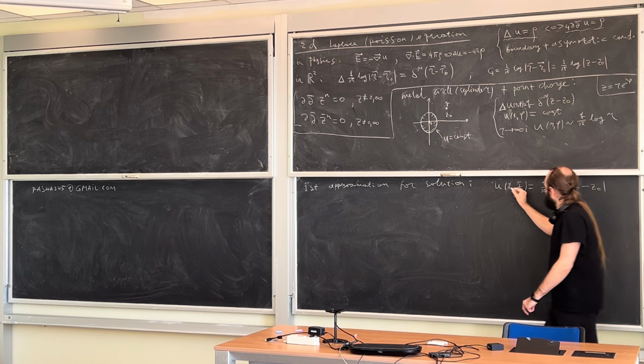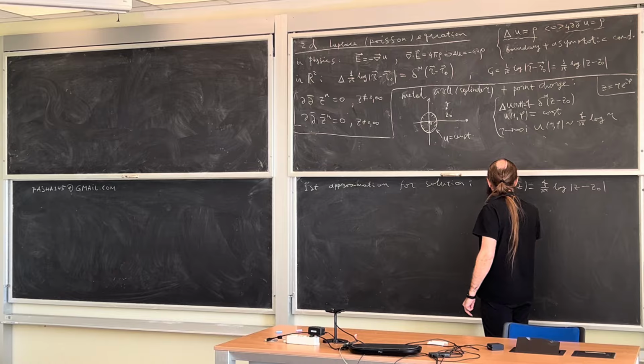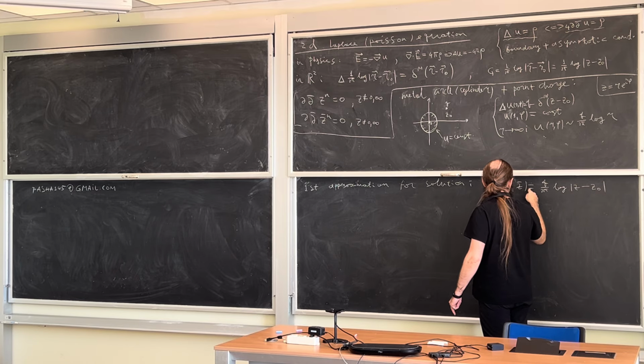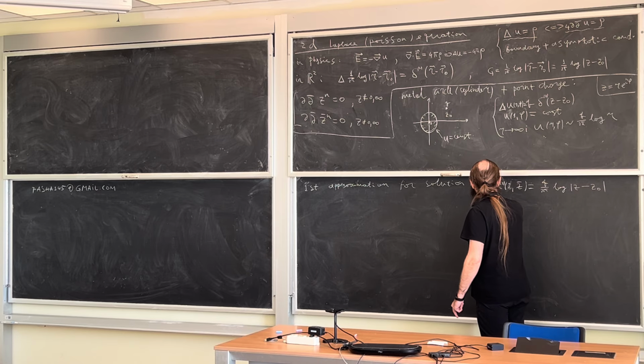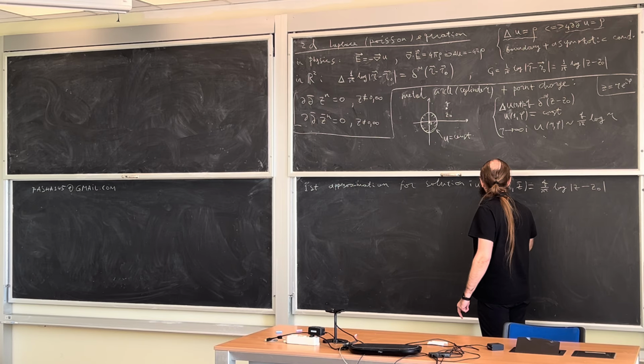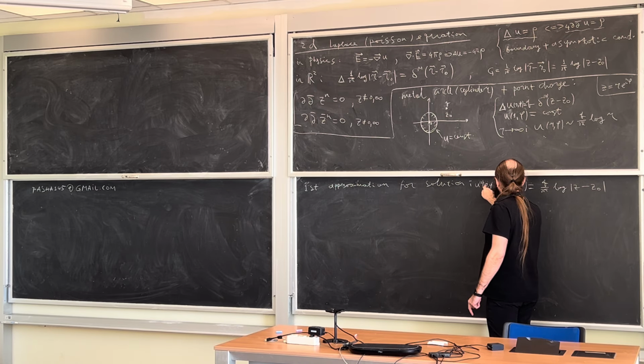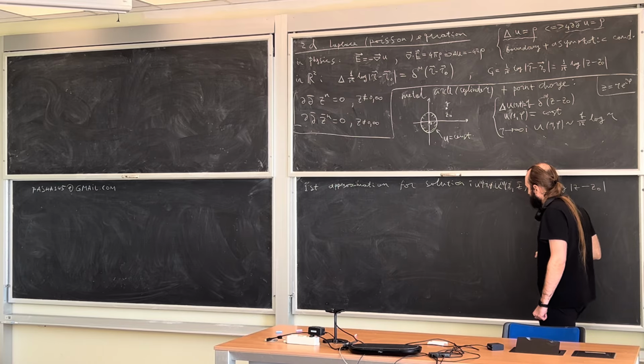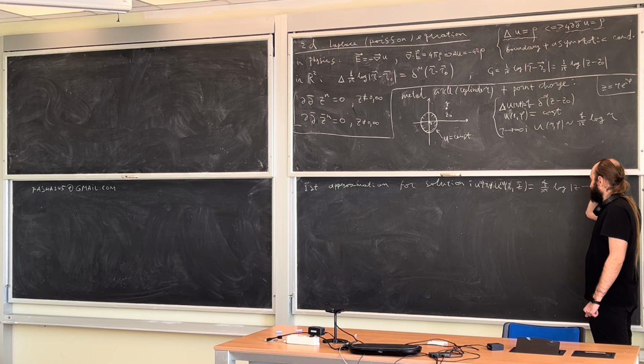So let me call this u1, and we can also say that it is a function of r and phi. It is of course an equivalent parameterization.